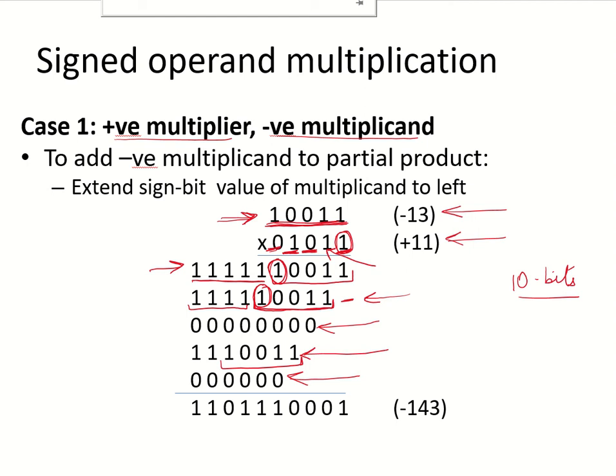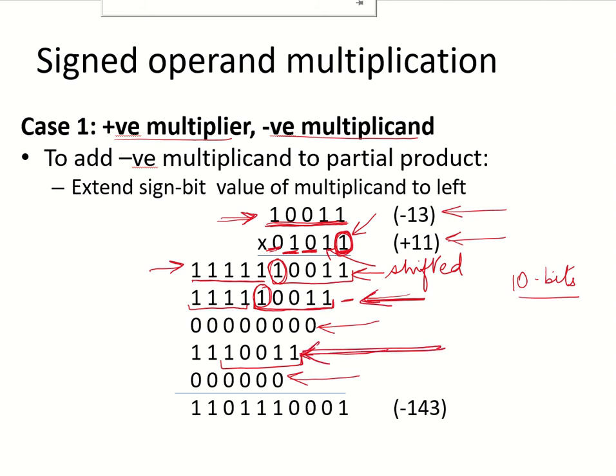So you see that wherever the bits of the multiplier are 1, we are having a shifted version of the multiplicand. So here also, since the multiplier bit was 1, we had the multiplicand. Again in this row also we are having, and this row also we are having.